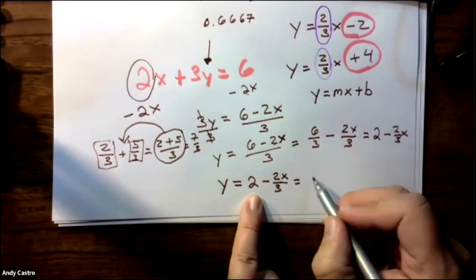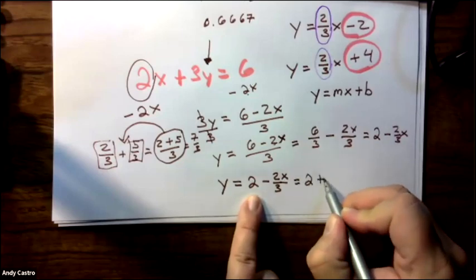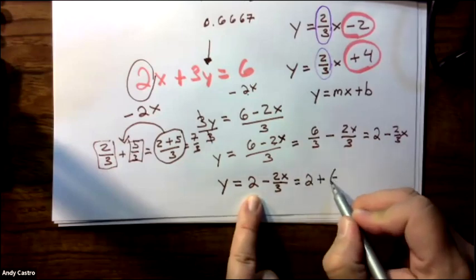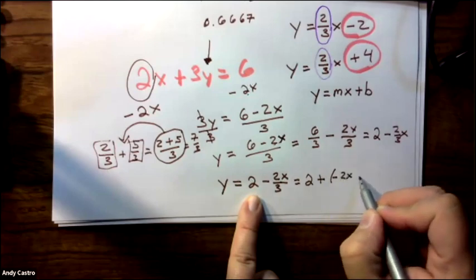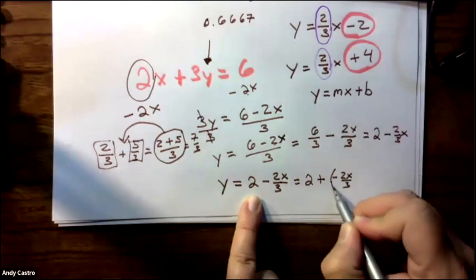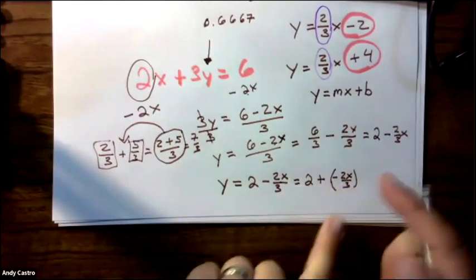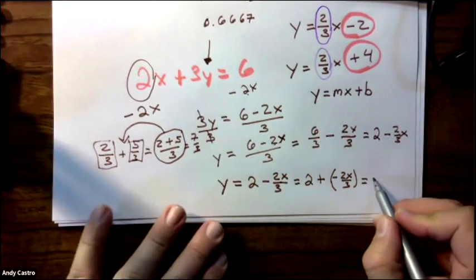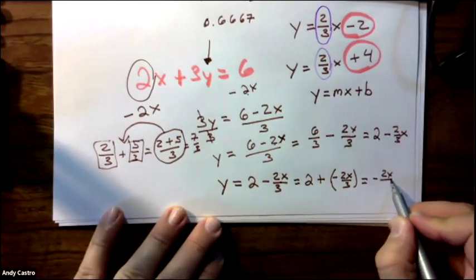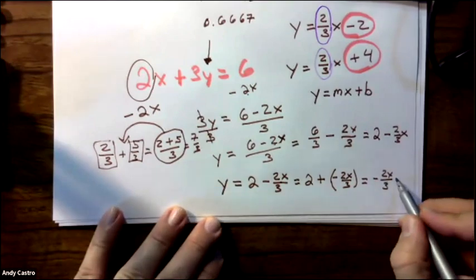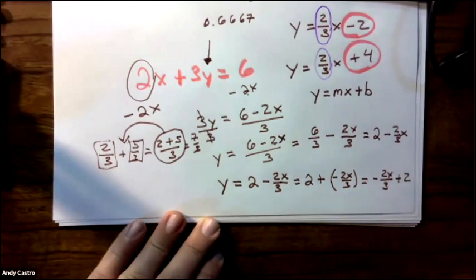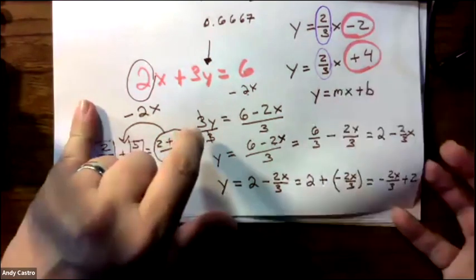So this then can become 2 plus negative 2x over 3. Now I can switch them. So I have negative 2x over 3 plus 2. All right.